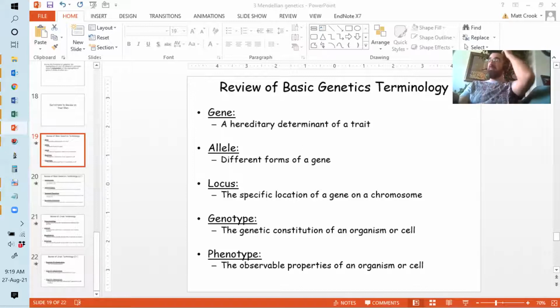So genotype equals phenotype, but phenotype, oops, if I can spell that right, does not necessarily equal genotype.